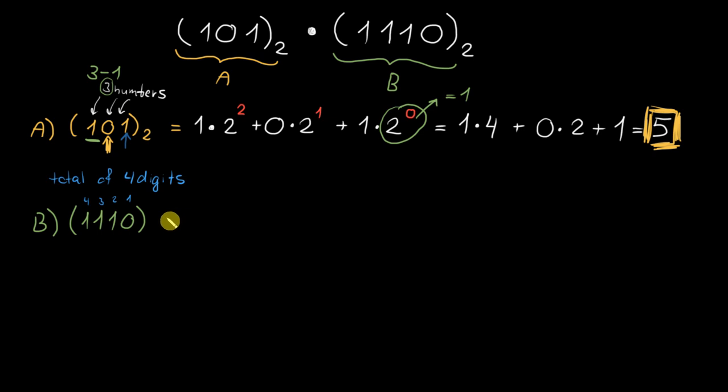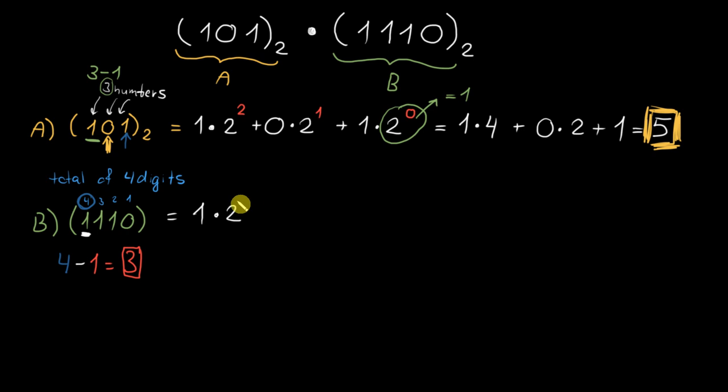What does that mean? That means that the first power that we will write down, for the first 1 right here, is going to be 2 to the power of, well, let's calculate the power: we take the number of digits, 4, and subtract 1. So the power is 4 minus 1, which is 3.